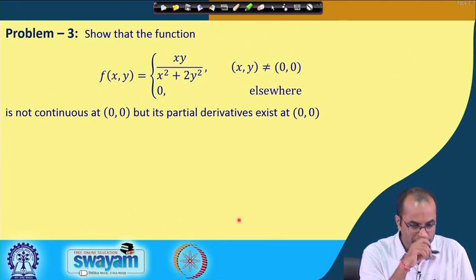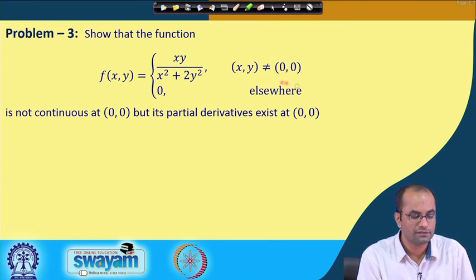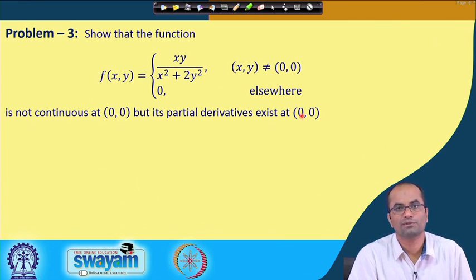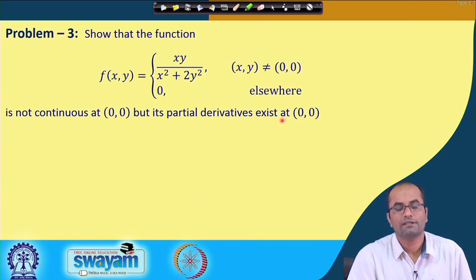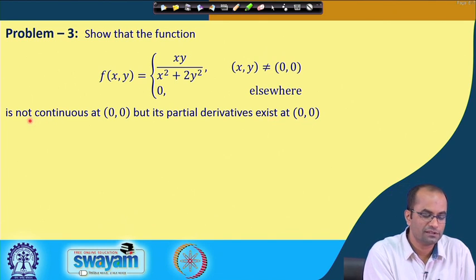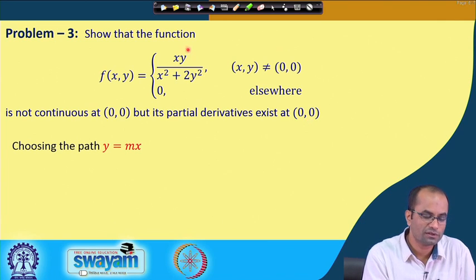Moving to another problem, we will now show that this function is not continuous, but its partial derivatives exist at 0 0. In the earlier problem the function was continuous, but the partial derivatives did not exist. In this case we will show that the function is not continuous, but both the partial derivatives exist. So, why is this not continuous?